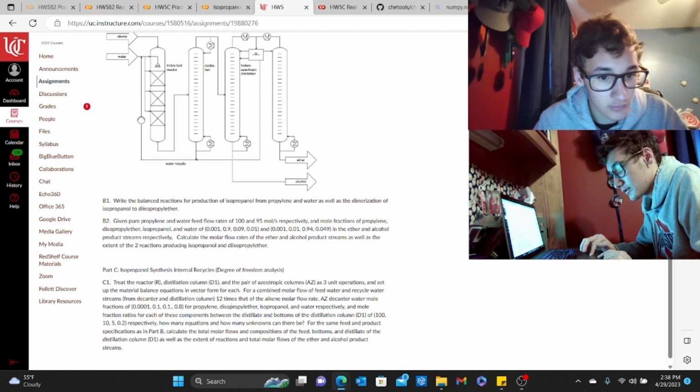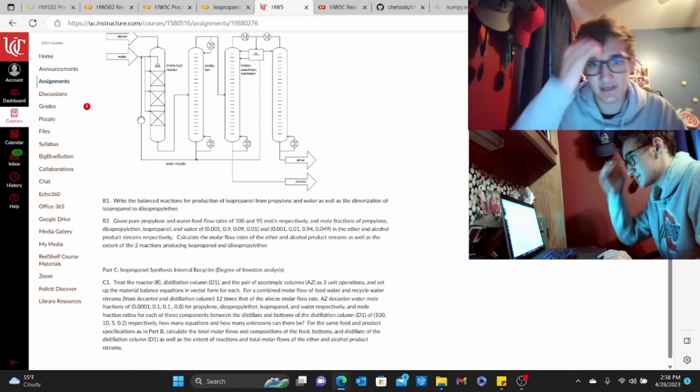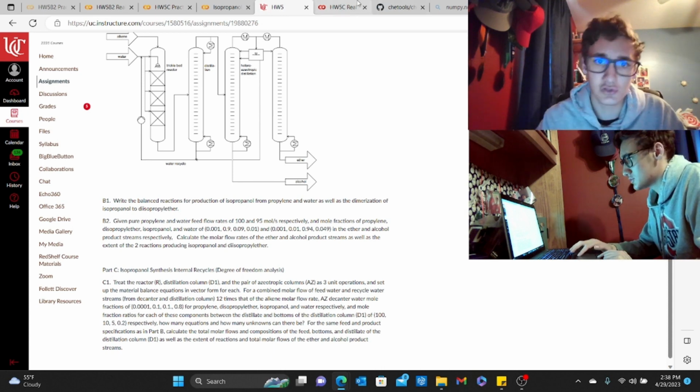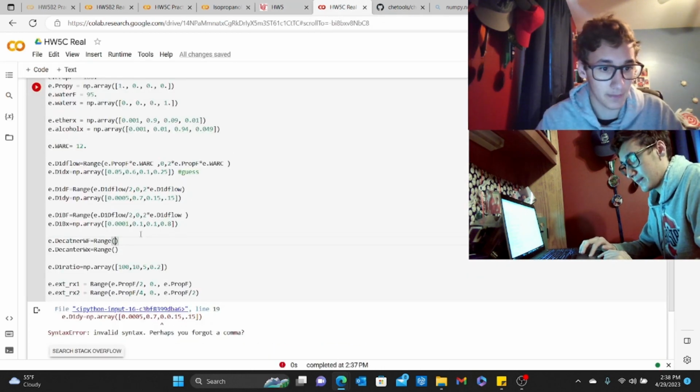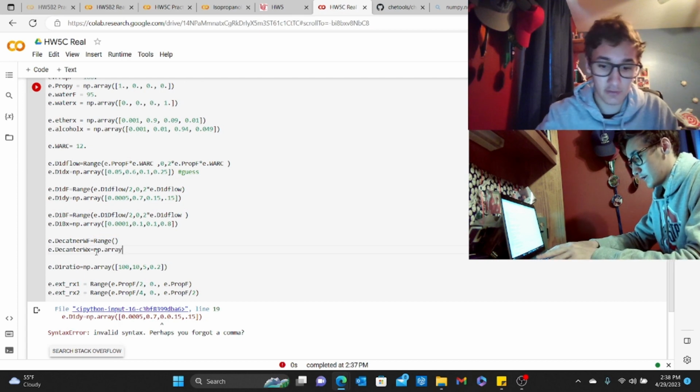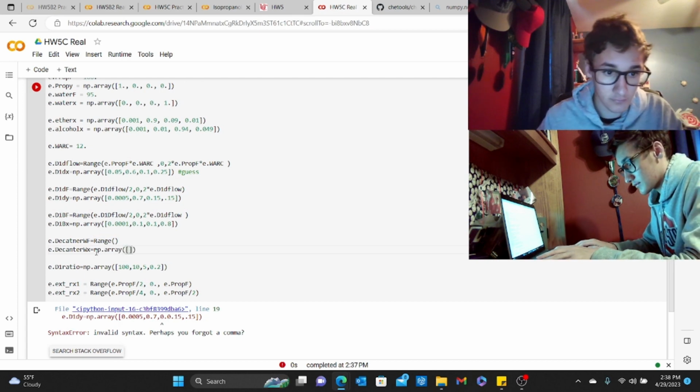Decanter water mole, decanter flow rate. Okay, so that's not given, which means we get to do 2 ranges, I believe. And so we get to do a range, and then we get to do a guess, similar to before. So this will be our np dot array. There we go.